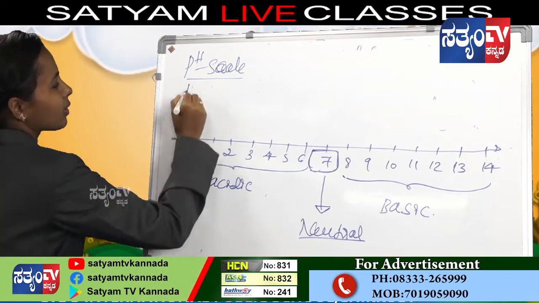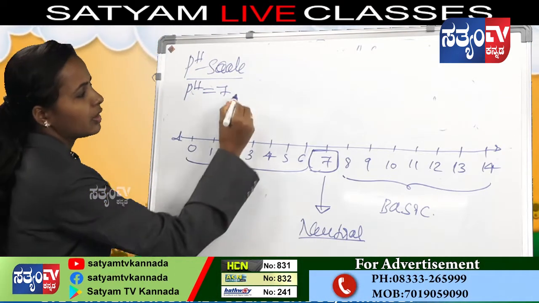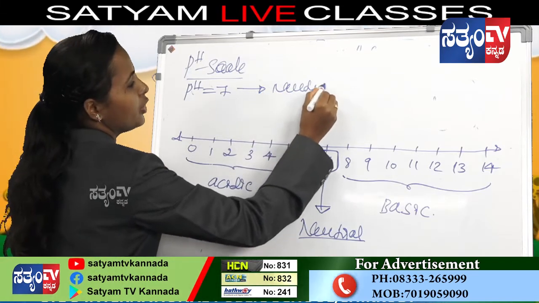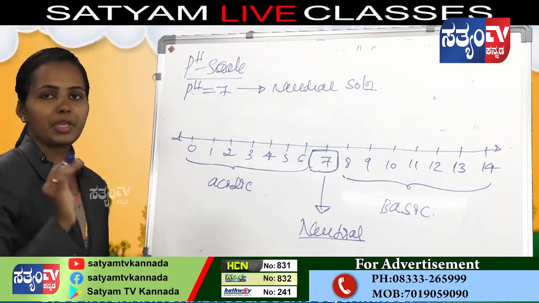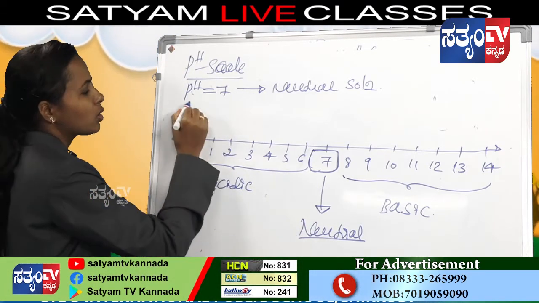If the pH is equal to 7, we call it a neutral solution.